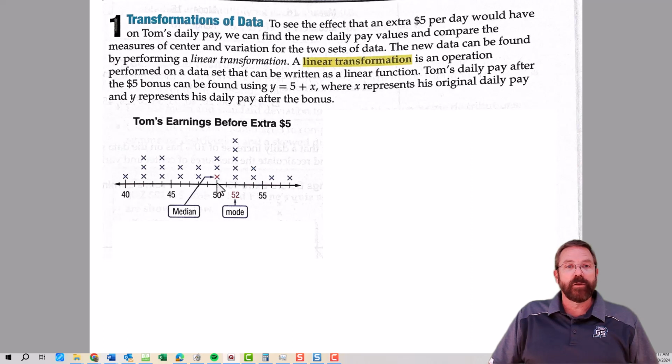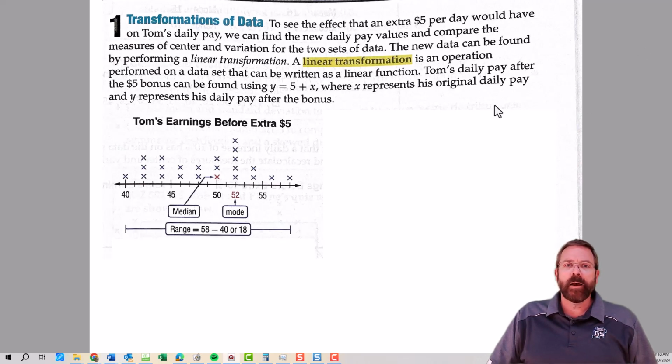The middle value of his daily pay was 50, while the mode, what he got most often, was $52. So the median, the middle value of the data set, was 50, but the value that occurred the most often was 52. We good so far?